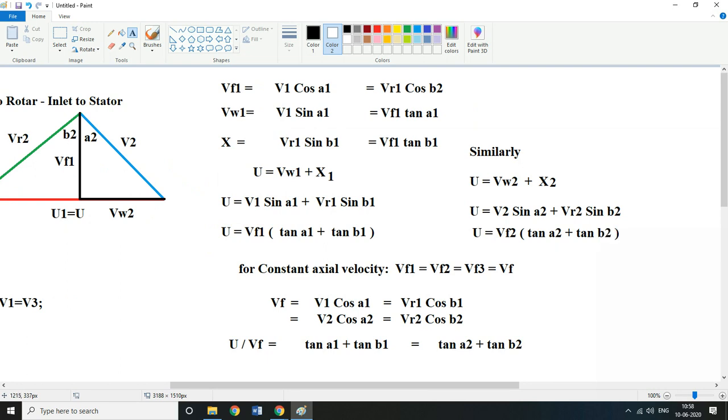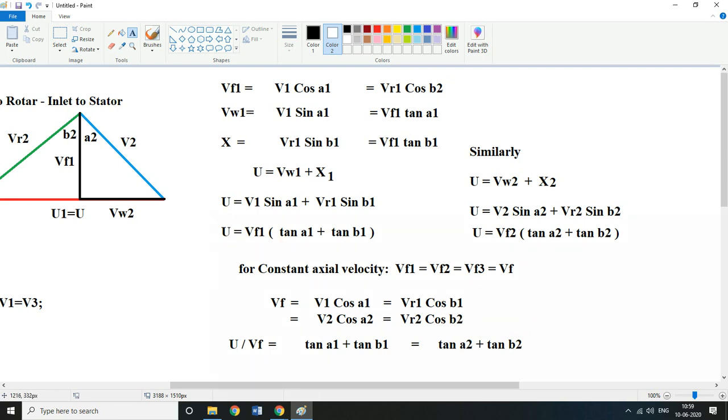So what we'll try to do, we'll take a condition where VF1 and VF2 and VF3 all are equal, so all the axial velocity, sorry, previously I said radial, it's not radial, it's axial velocity. All of the axial velocity is equal to VF. So for a condition like that, what happens? So your VF1 will become VF is equal to V1 cos alpha 1 is equal to VR cos beta 2, and then similarly on the second triangle, it will become V2 cos alpha 2 is equal to VR2 cos beta 2.